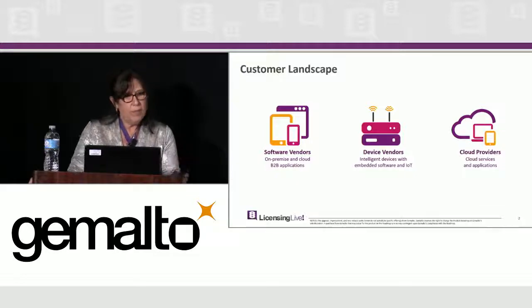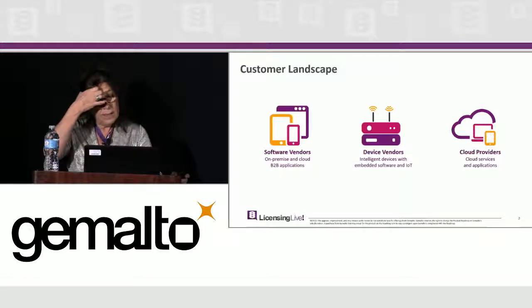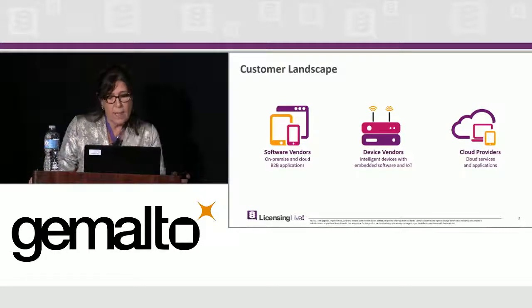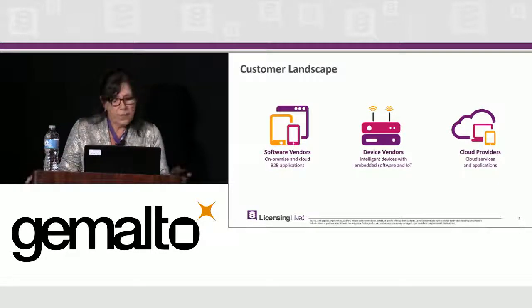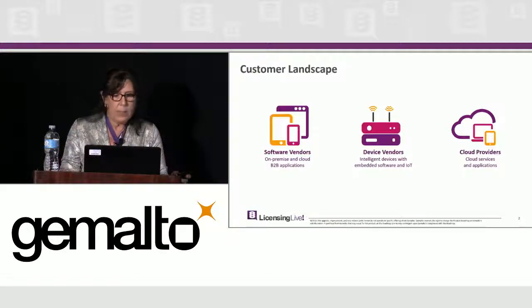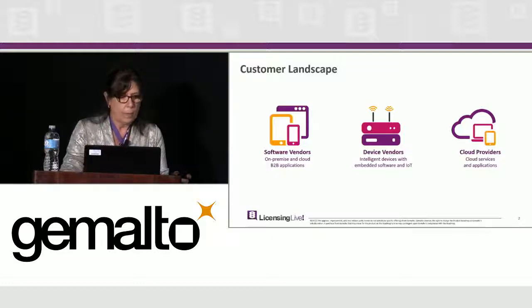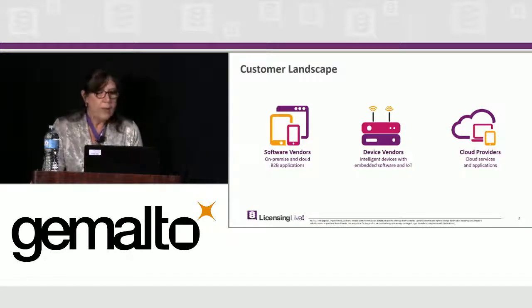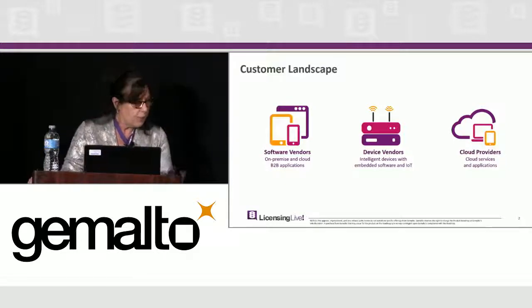And we also have cloud providers. They typically sell cloud services and applications, and essentially that's all they do. So there's actually no on-premise software there. Today we're very much focused on the first two, on software vendors and device vendors.